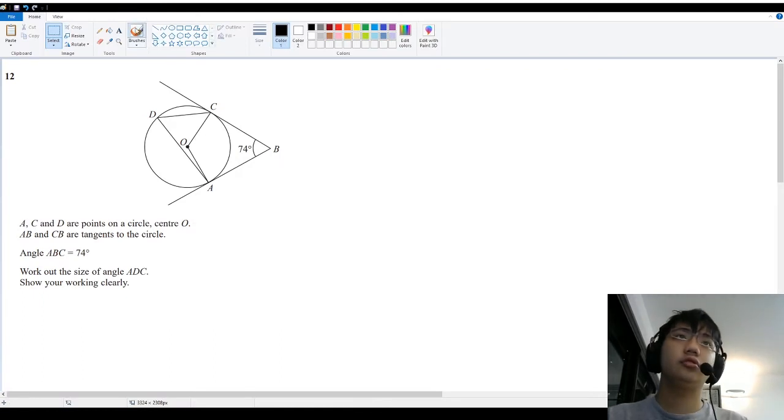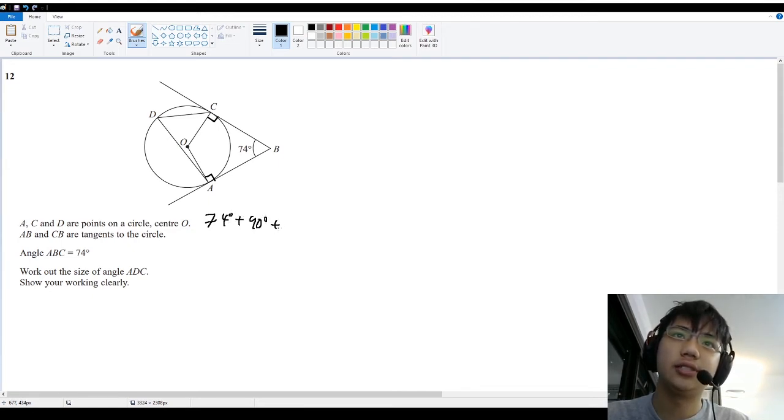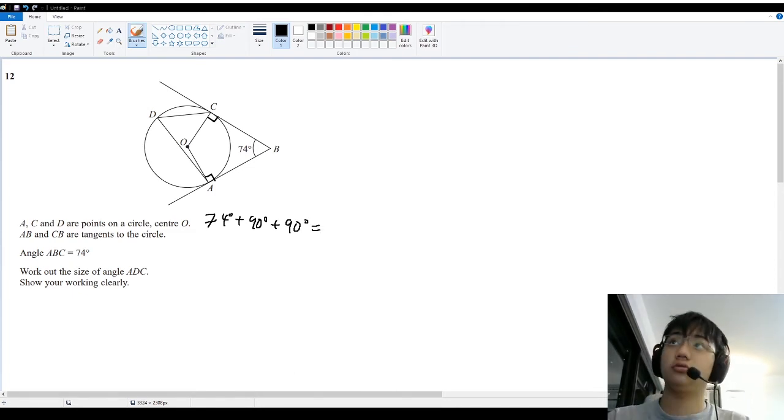So the angle between a radius and a tangent would be 90 degrees. So this is a right angle, this is a right angle. So 74 degrees plus 90 degrees plus 90 degrees gives us 254 degrees.